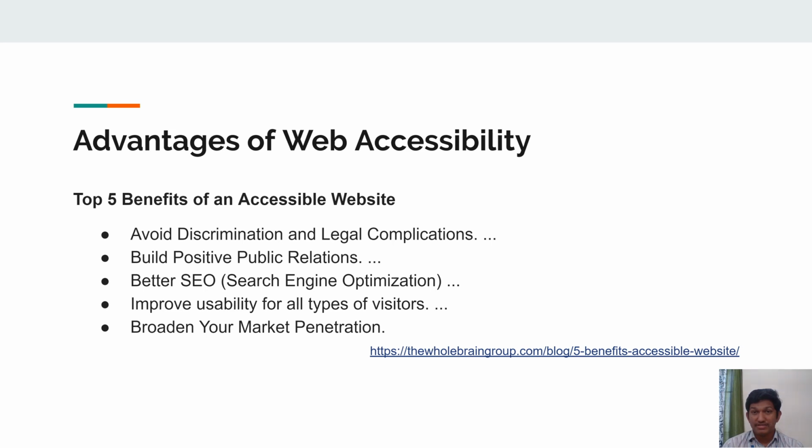It also helps better search engine optimization, so your page rank will be in a better place. It improves usability for all visitors with any type of disability, and it also broadens your market penetration. So there are a lot of advantages of increasing web accessibility, both in a social responsibility way and in an economic way.